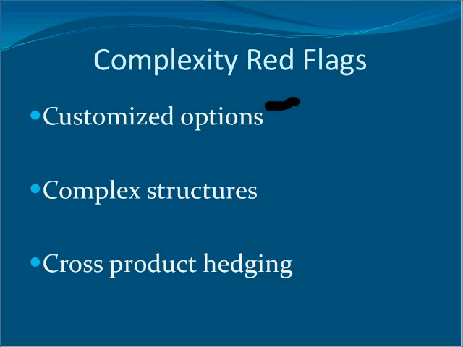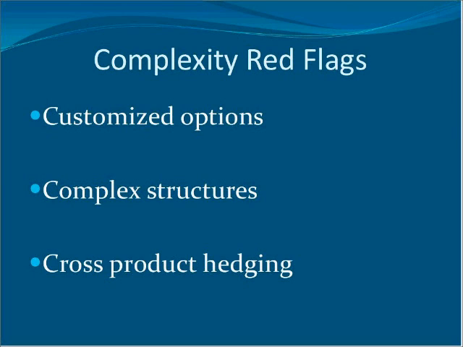Complex structures. Anytime you start building one option on top of another option, there's the potential for problems. It's something to be aware of: the more complex the trade is, you better really pick it apart and understand what you're looking at. And then cross-product hedging, which is when you have one option on a stock, let's say, trading against a completely different security.